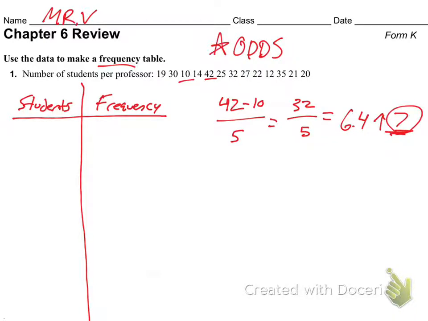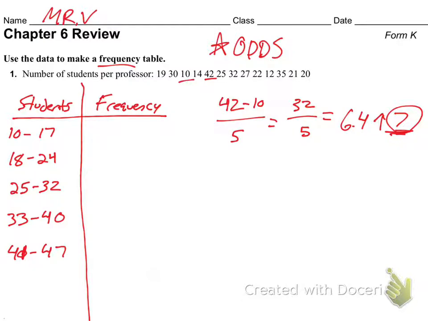So I start with my lowest number, so that'd be 10 to 17, and then 18 to 24, and then 25 to 32, and then 33 to 40, and then 41 to 47.